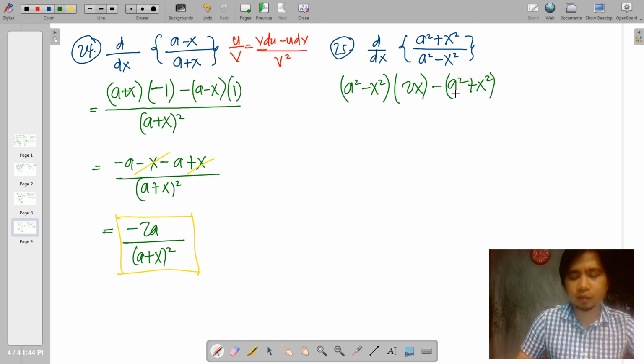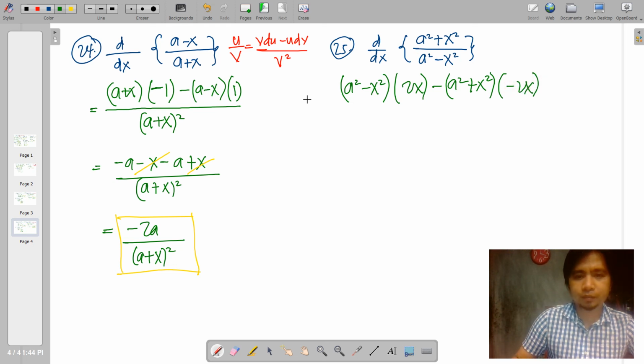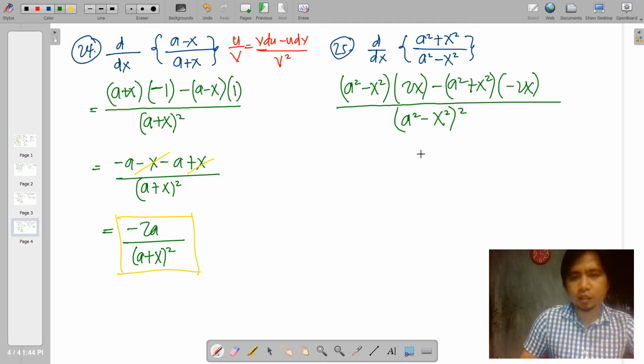And close that by a parenthesis. Times the derivation of this. Again, this is 0. The first term, the second term is negative 2x all over a squared minus x squared. This is squared.